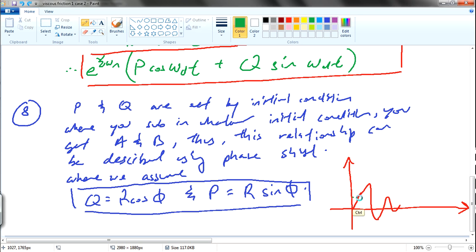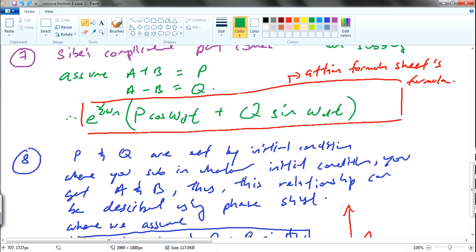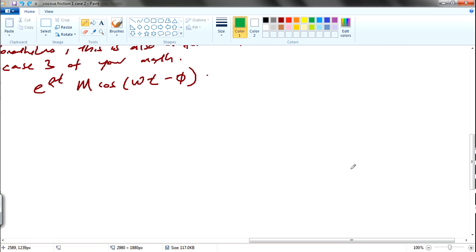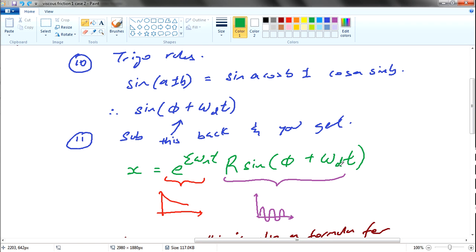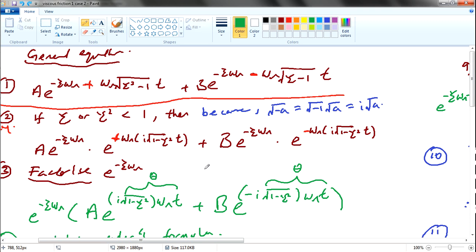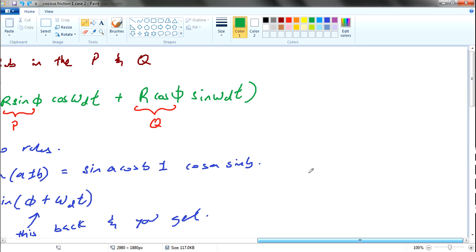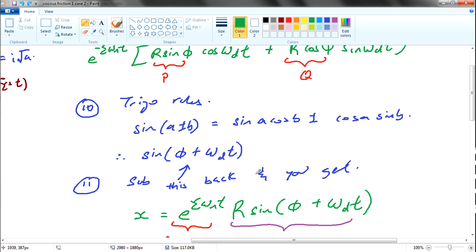Because the x itself is different in this case, the conditions are different, and this is why we require this. I'll just show you the final form, which is in terms of WD, the damping frequency we talked about previously, plus the initial condition, alpha.